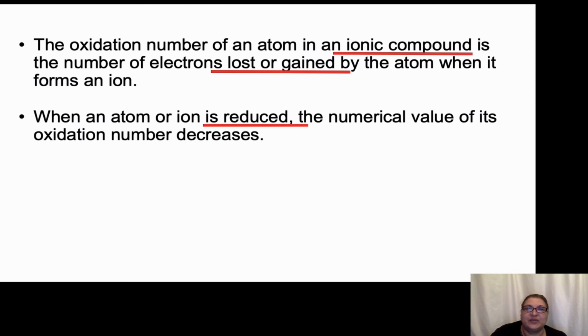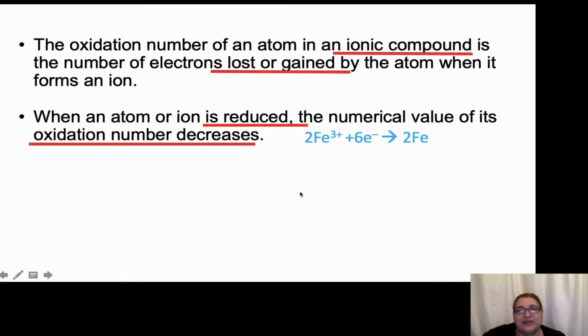I like to give examples as we go. Oh, I put another example here. Okay. So from here it goes +3 to 0. I'm sorry, that's a gain of electrons, so it's being reduced, and the oxidation number decreases. So it goes from +3 to 0.